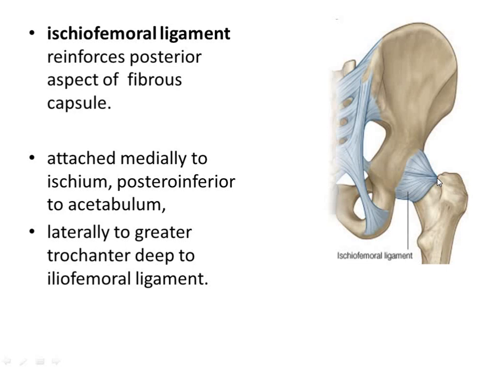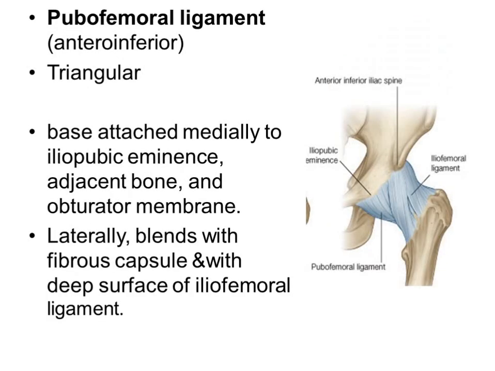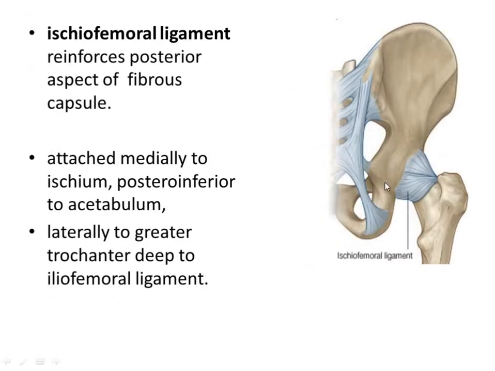So all around, these ligaments, the iliofemoral, pubofemoral, and the ischiofemoral, are running in a spiral fashion all around the joint, thereby reinforcing the fibrous capsule, supporting it and providing stability to the hip joint.